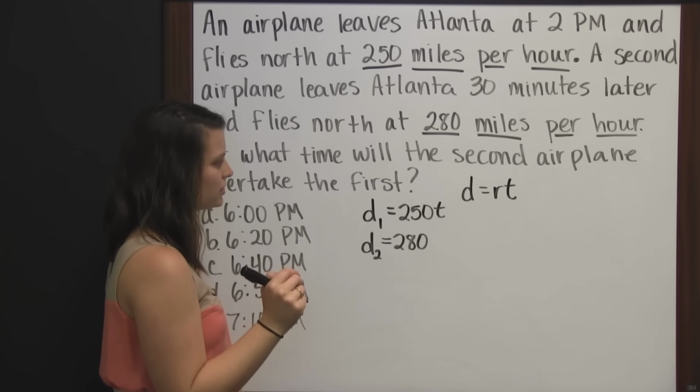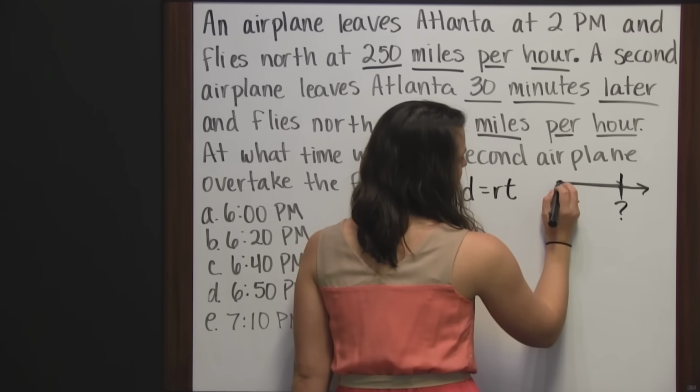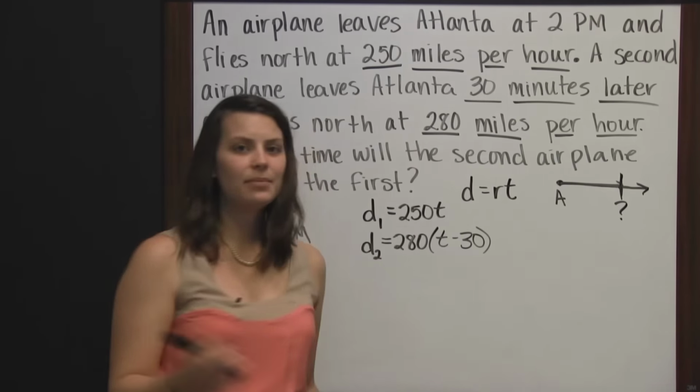Now if you think about this, you've got two planes leaving from Atlanta. They're both flying north. And the question is, when will the second one overtake the first one? Well, at that time, both of these airplanes will have flown the exact same distance. We don't know what that distance is, but we know that it's the same.